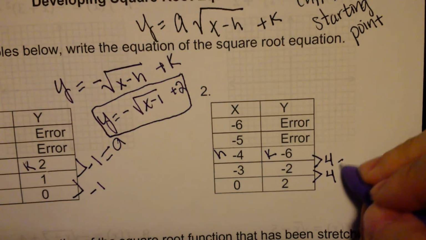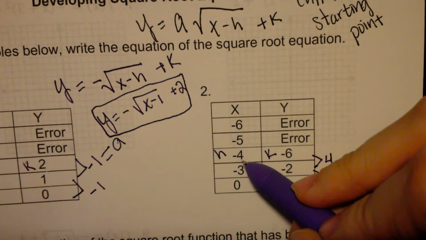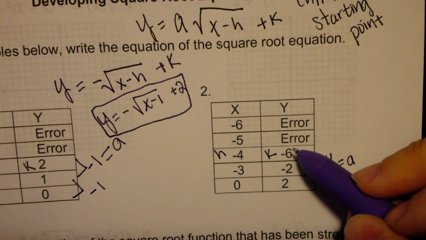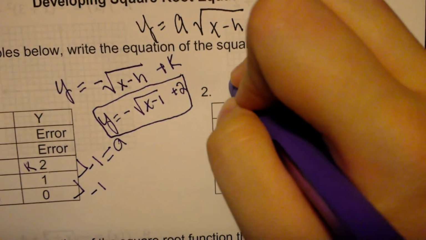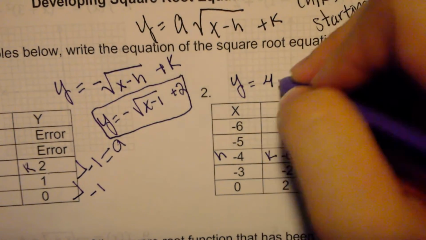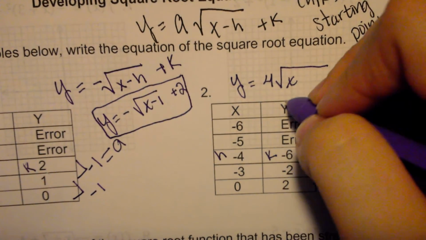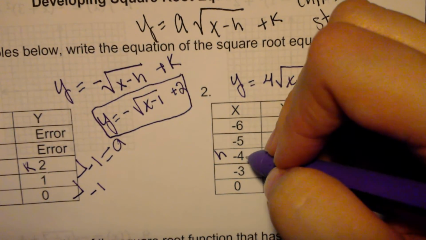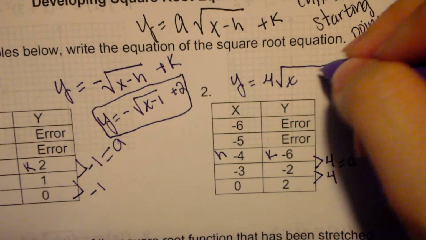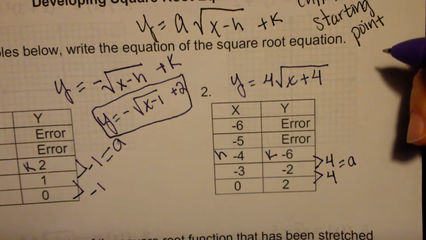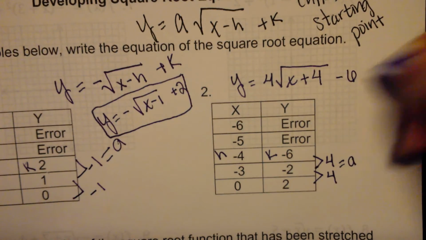So a is 4, h is negative 4, k is negative 6. So let's say y equals 4 times the square root of x, and h is negative, and I'm subtracting a negative, which becomes a positive. So x plus 4, minus 6.